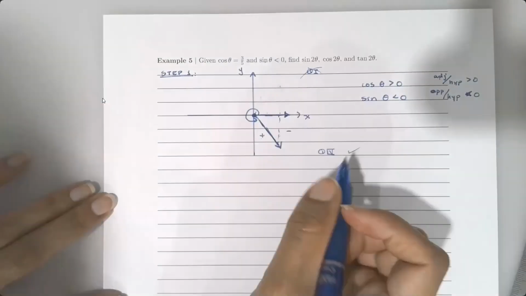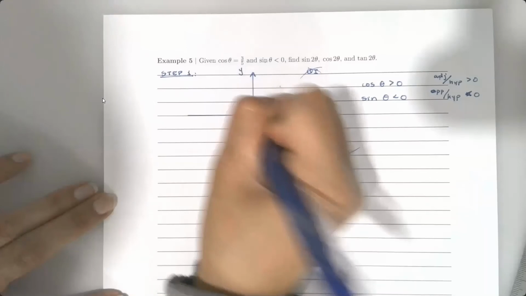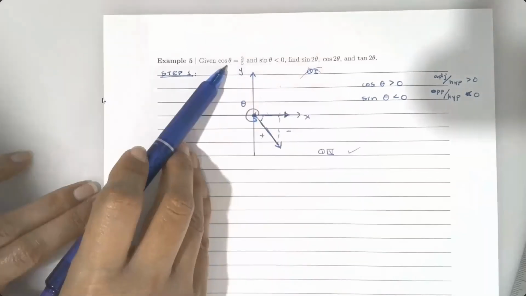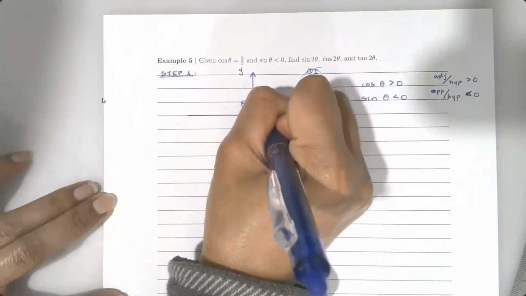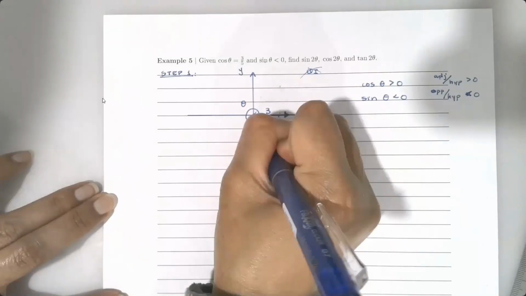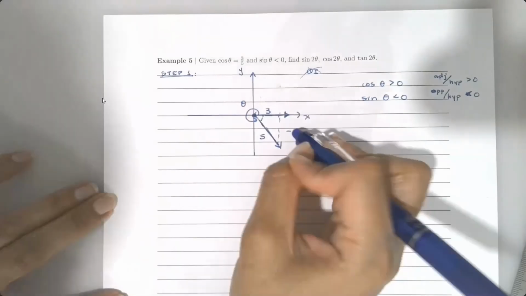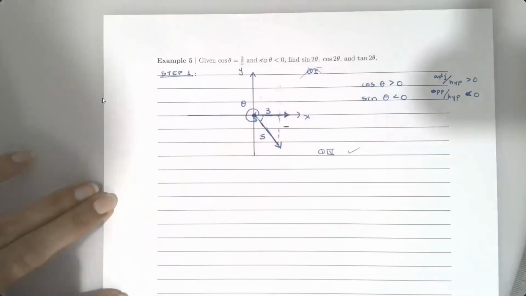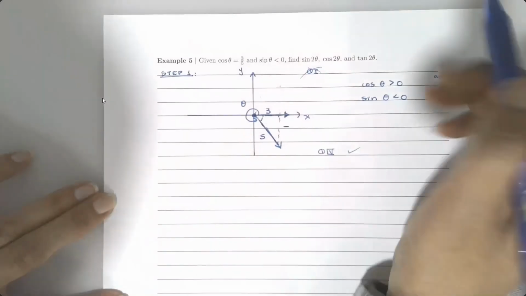And then for this reference angle, we have that cosine will be 3/5. So that means the adjacent side will be 3. The hypotenuse will be 5. And the opposite side we can figure out by, I'll leave the negative there because we know for sure it needs to be negative. We can find out by using Pythagorean theorem.